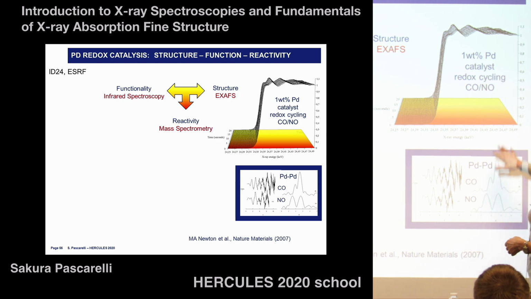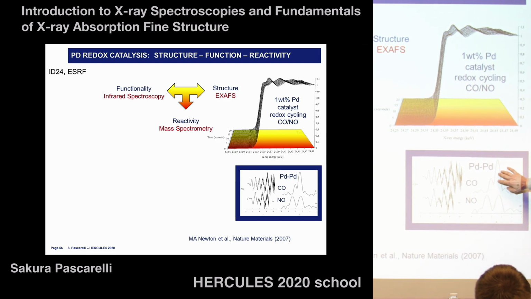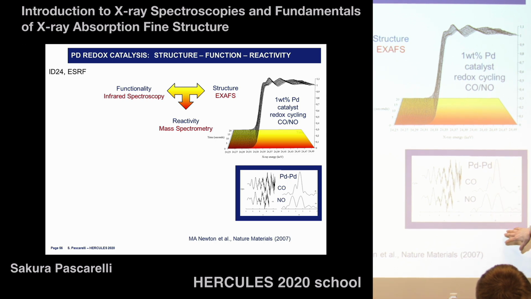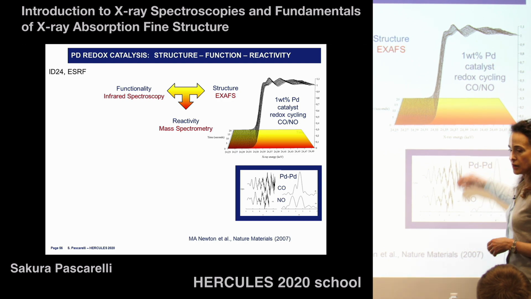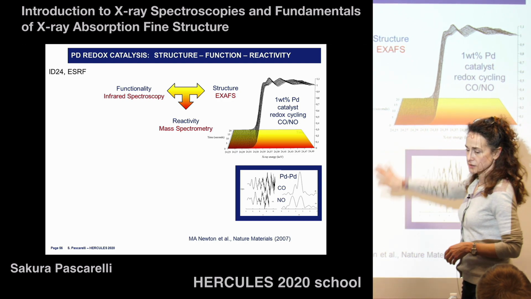If you do the palladium edge, you can see when you form clusters because you see a big palladium peak coming up, and you can see when the palladium is oxidized because this peak disappears, and you can see more oxygen nearest neighbors. And you could follow this on the time scale of seconds.